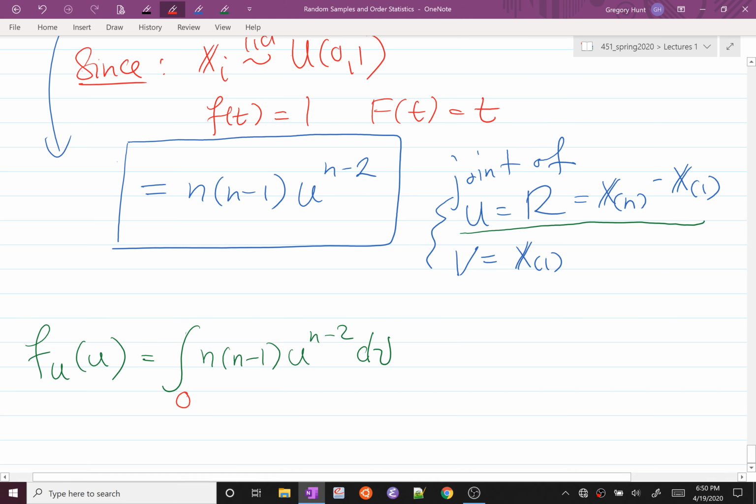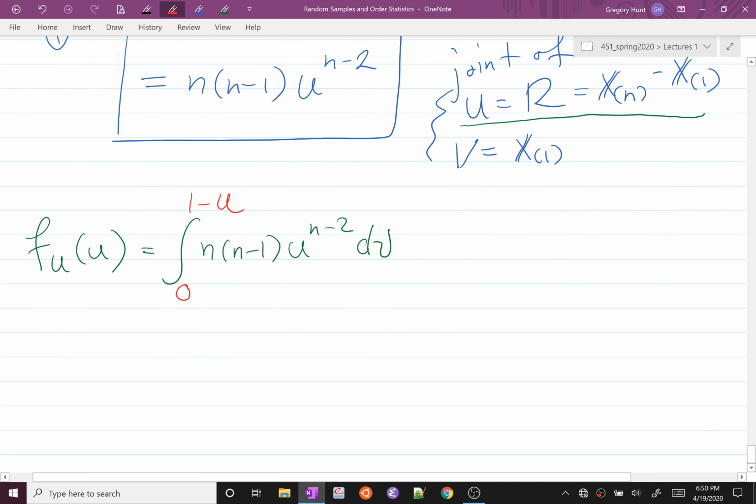If the range is little u, then the minimum of this thing is going to be able to go from 0 to 1 minus u, right? Let's draw a little picture here. So everything's distributed between 0 and 1.